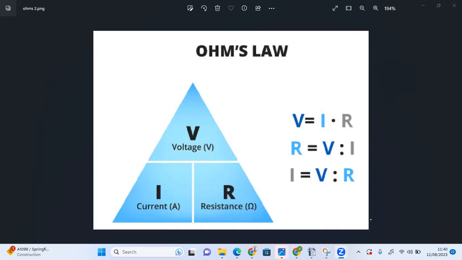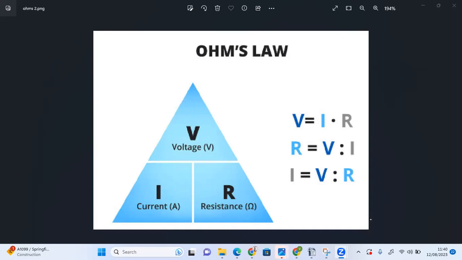Now, the first subtopic is a historical review. Ohm's Law was postulated by a German physicist by name Georg Simon Ohm in the year 1827.